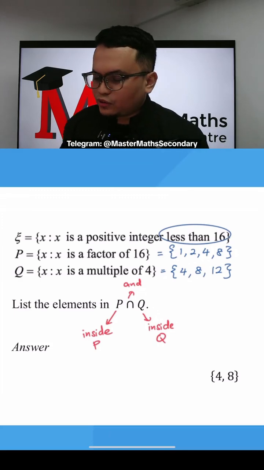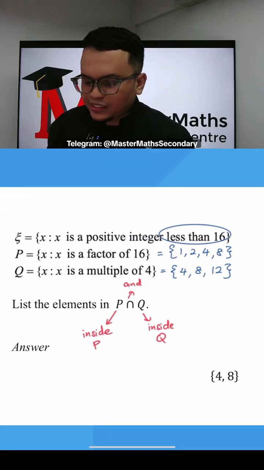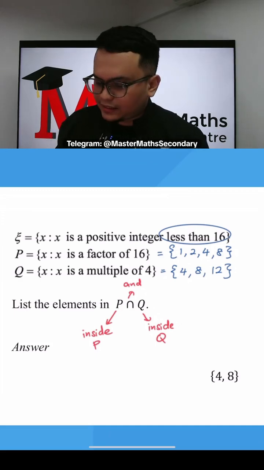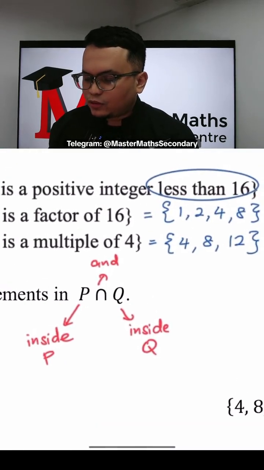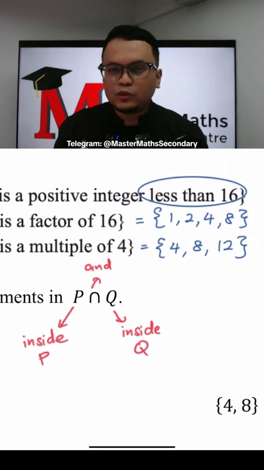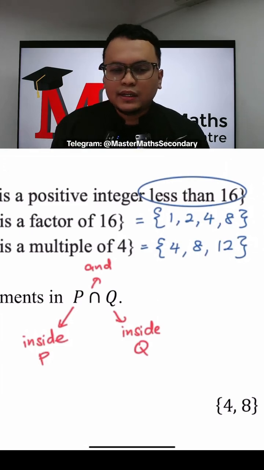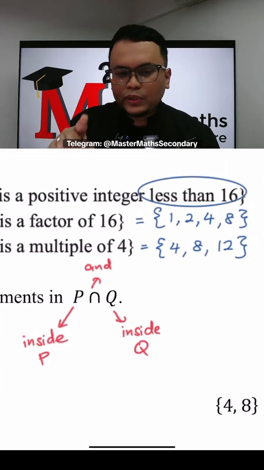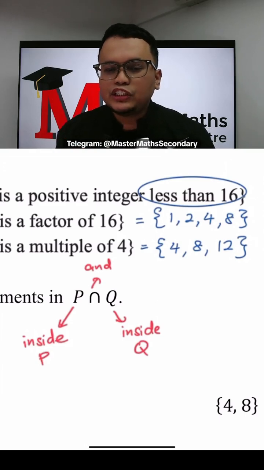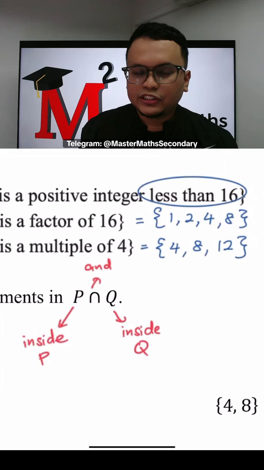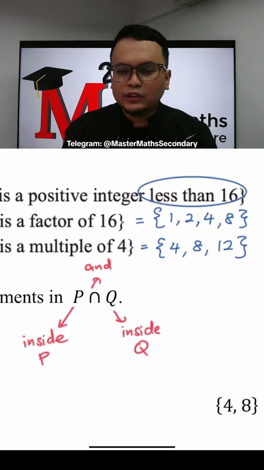Now, moving on to the question itself, we are asked to list the elements in P intersect Q. This is what I always like to do, which is also something I recommend you guys do as well. From set language, P intersect Q, change it to simple English. Translate the set language into simple English.